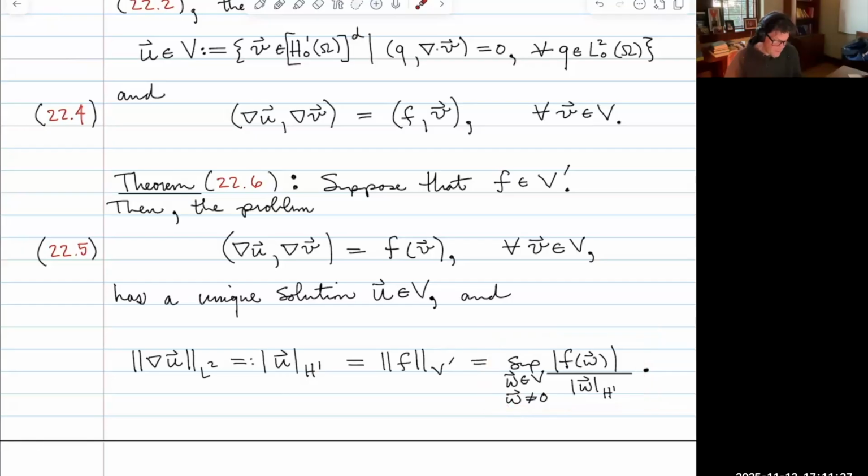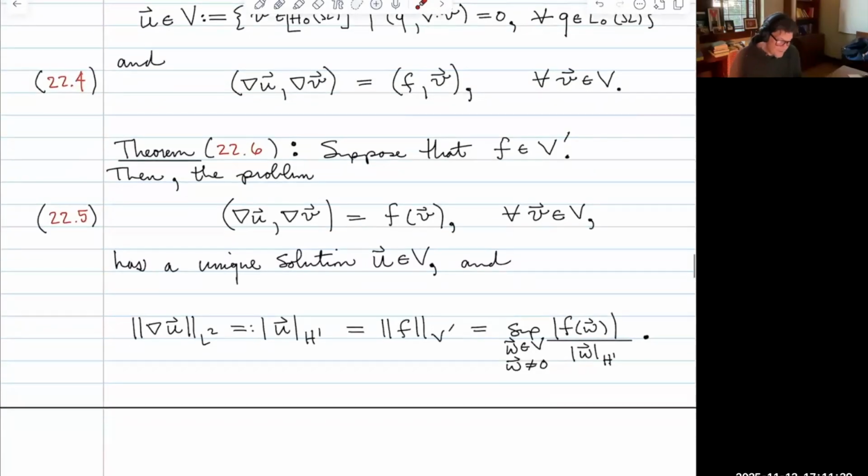This is the definition of the so-called operator norm. So all of this stuff will be free. This part here comes directly from Riesz representation. The uniqueness of the solution comes from Riesz representation here, as long as I can show that this is a coercive, continuous, symmetric bilinear form.